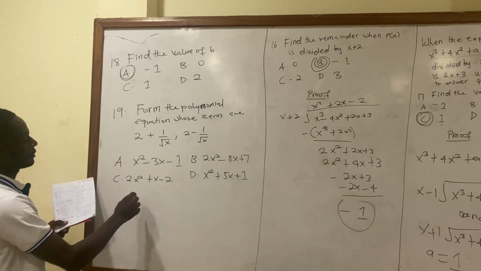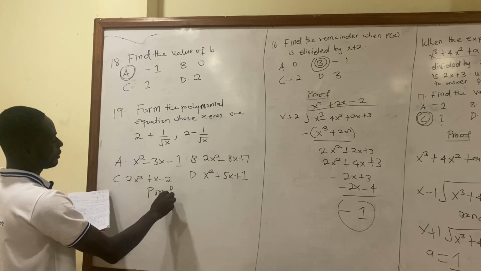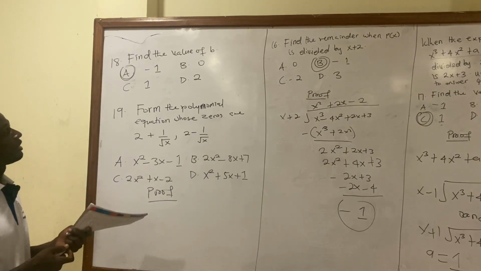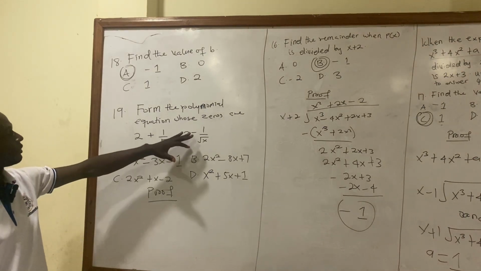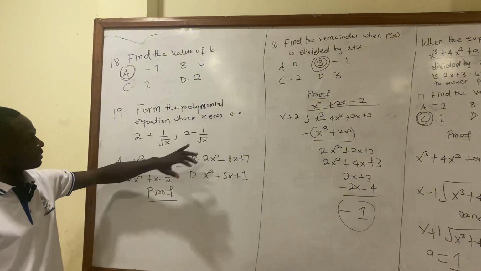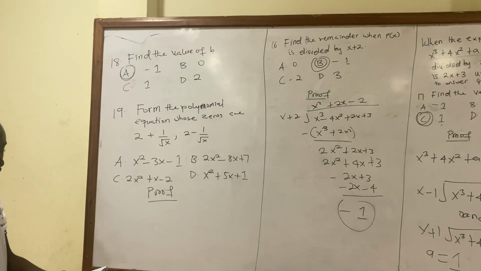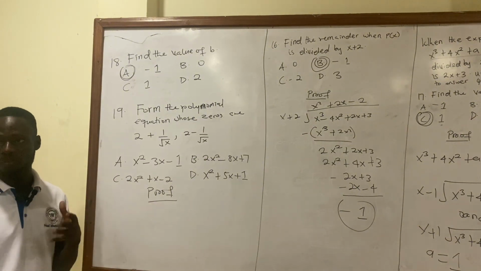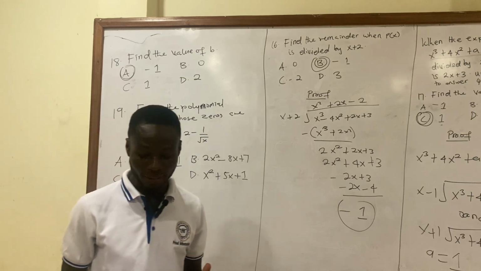We have to form the polynomial whose zeros are this. So all we do is that we find a sum, and then we find the product.